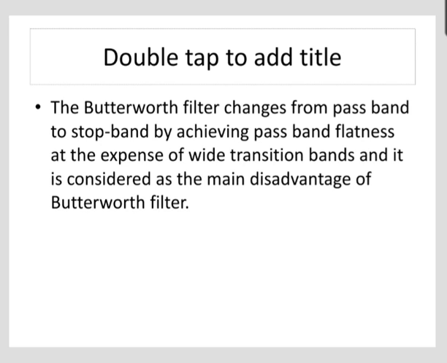As the order of the Butterworth filter increases, the cascaded stages within the filter design increase, and the filter gets closer to ideal. The frequency response of an nth order Butterworth filter is given by H(w) equal to 1 divided by the square root of 1 plus epsilon squared times (w by wp) raised to the power 2n.